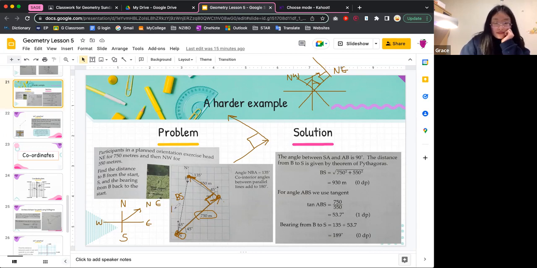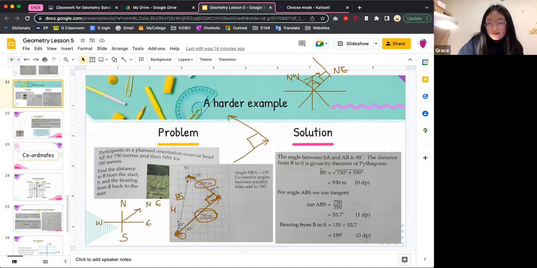This side is 750, and this side is 550. So we can use Pythagoras to figure out the third side, which is the hypotenuse.